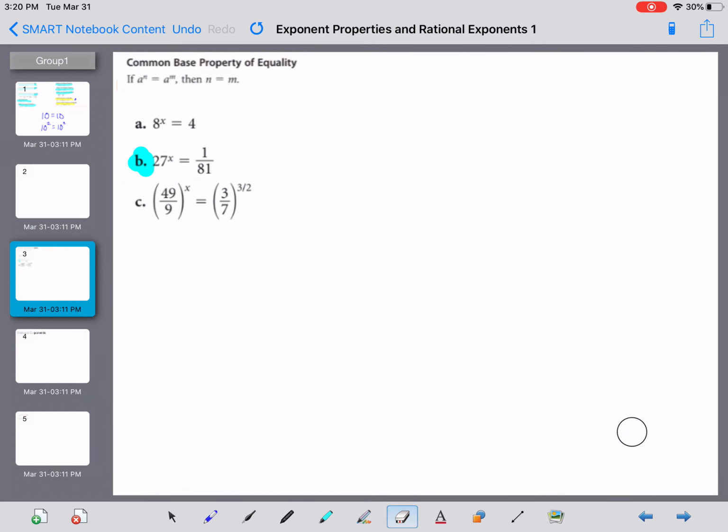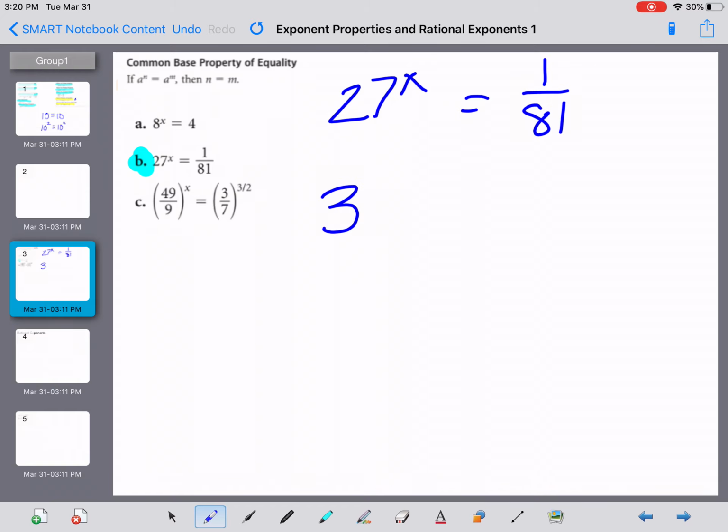Okay, let me finish my erasing. So if I do that, 27 to the x over 81. Hopefully you saw that I got a base of 3. 3 to the 3rd, and I'll just put it all in there. And then I have 1, and then this is 3 to the 4th. So the bases are there. Now I just got to make it look equivalent.